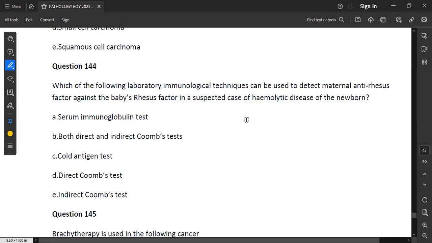But the indirect test detects the presence of antibodies in the serum of the mother, and it doesn't detect complement. That's also a difference. So direct is on the surface of the red blood cell, while antibodies in the serum of the mother is indirect. Here, the question is to detect maternal anti-rhesus factor against the baby's rhesus factor. Maternal means the serum. So the answer is E, indirect Coombs test.